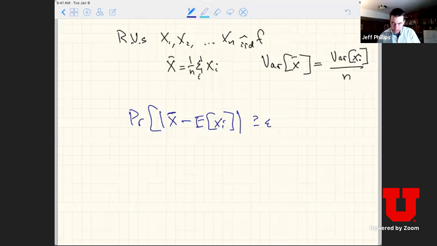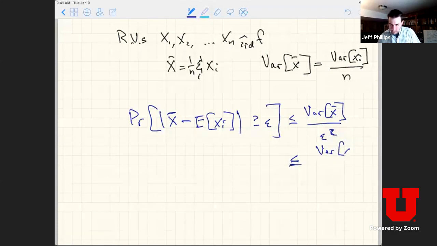So the probability this is outside my error tolerance is the variance of x bar divided by epsilon squared, which is less than or equal to the variance of xi divided by n times epsilon squared. So as I average more of these random variables together, my bound on the probability of going beyond the tail goes down by a factor of n. I can now quantify how quickly I'm shrinking the probability of my tail.